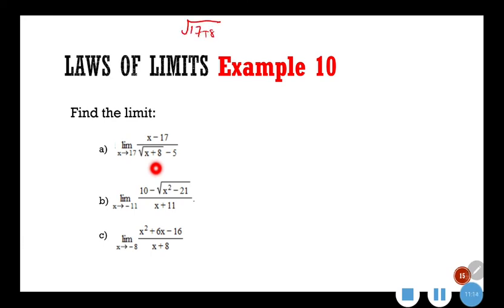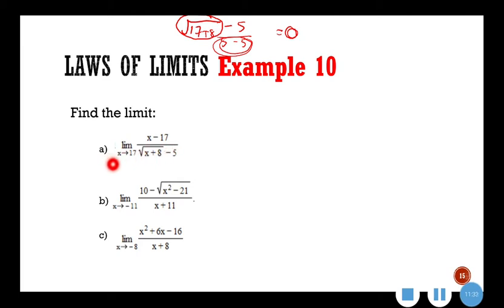Square root of 25 is what? Square root of 25 is 5. So 5 minus 5 is 0. See? You are going to have 0 at your denominator here. So we cannot allow this to happen if you want to find the limit.